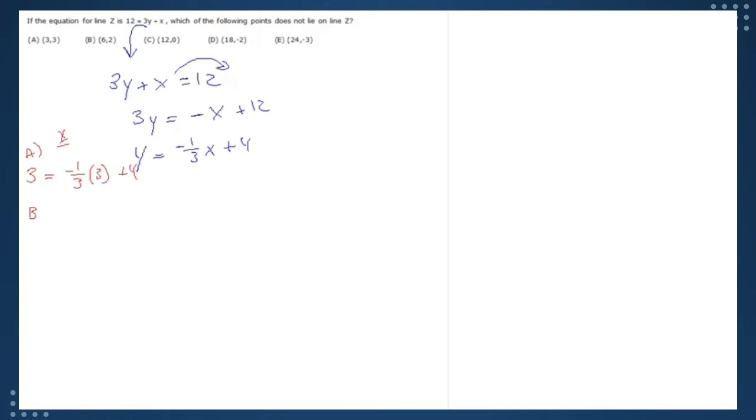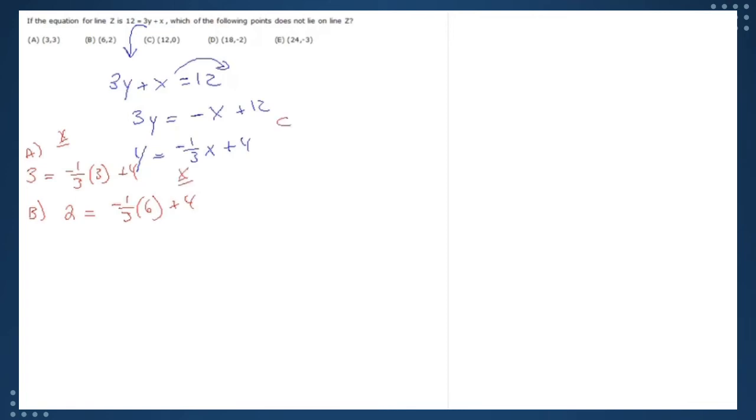We go to B. We see that our y value is 2 and the x value is 6. Doing some more mental math, negative 1/3 times 6 is negative 2. Combine that with 4, we get 2 is equivalent to 2. So that's out.